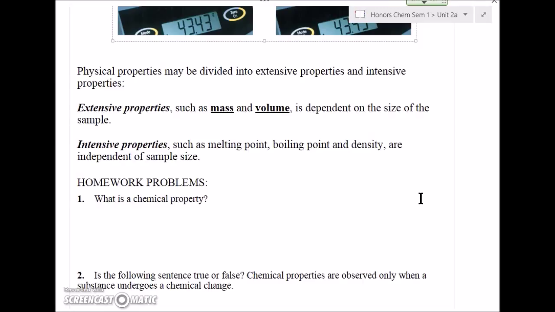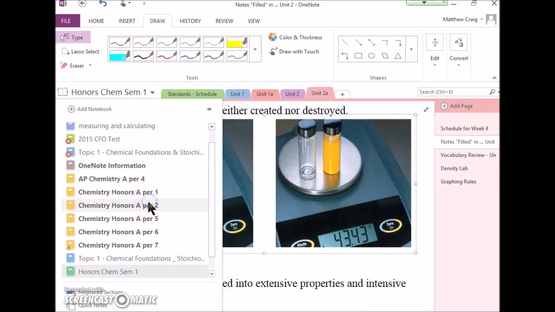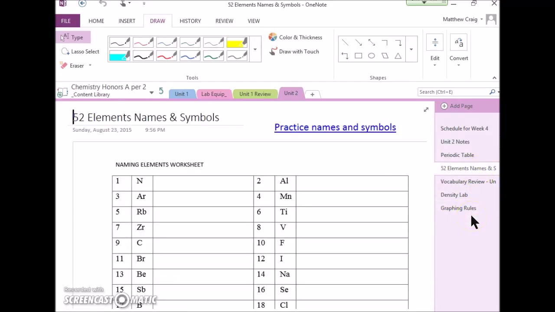And let me also show this to you, just to help you learn your elements. I've got a couple minutes. Go to the 52 elements names and symbols.